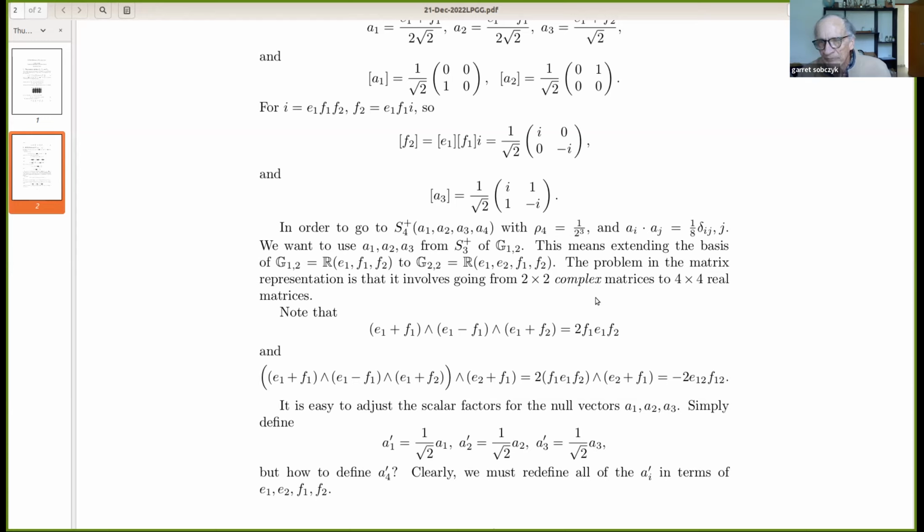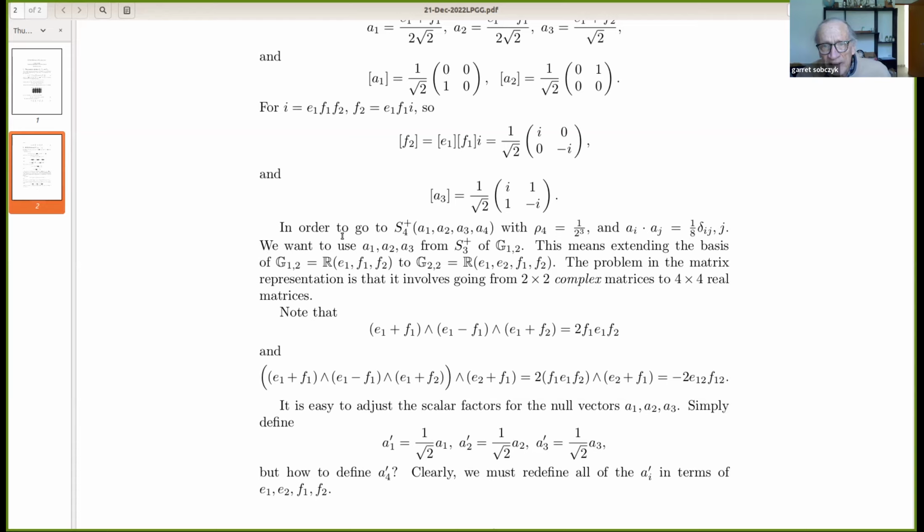So we want these nilpotents, null vectors, to satisfy Ai dot Aj is equal to 1/8 delta ij. I got an extra j in there, so forget that extra j.